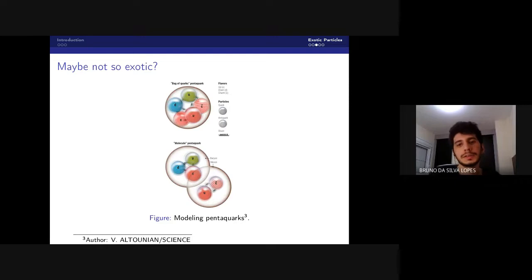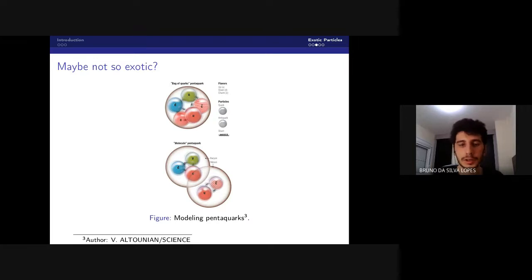Now there are still some questions about how those particles are made, what's their structure. So one possible example is that those are confined in a bag of quarks. So in the picture above, you have a bag where all those quarks that make up the pentaquark are confined together.